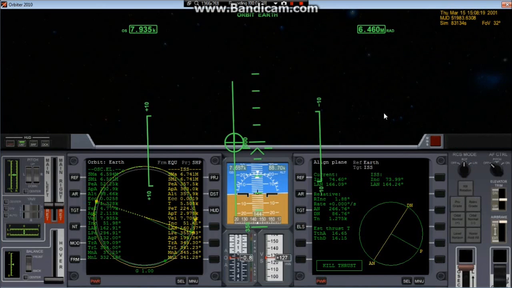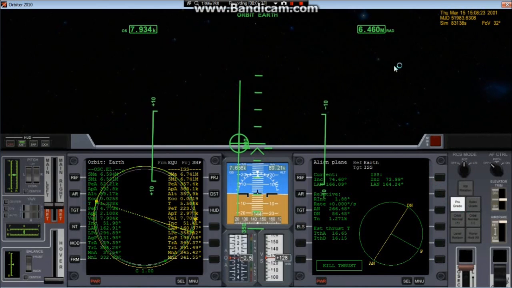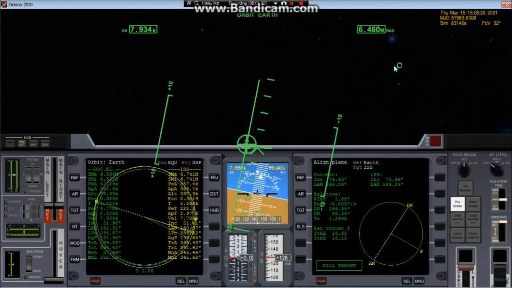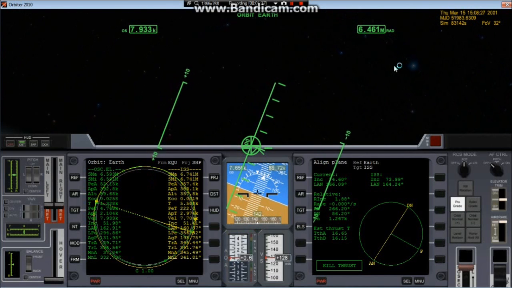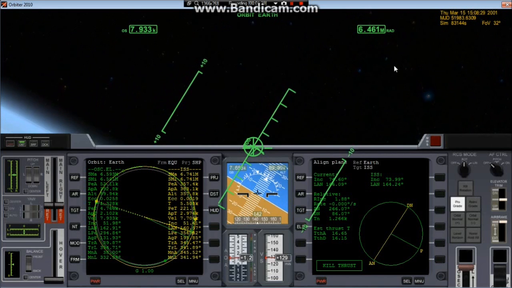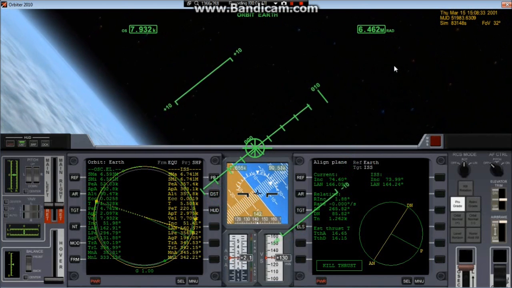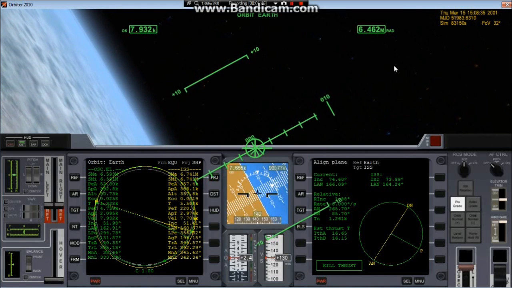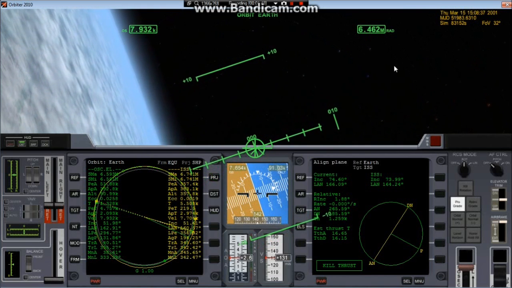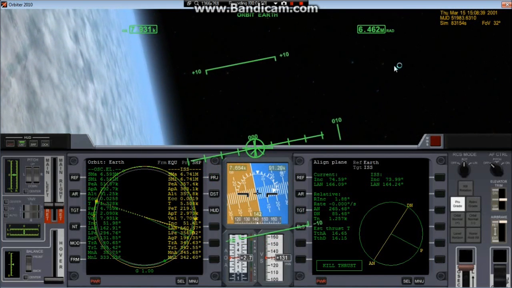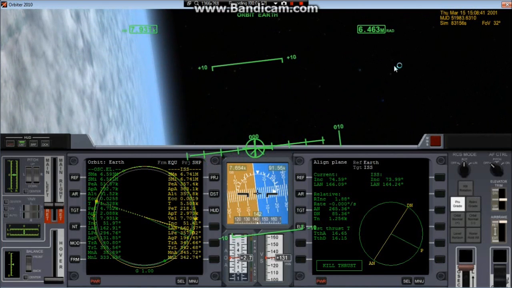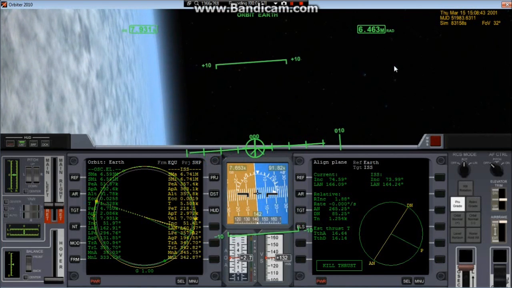And I'm going to activate the prograde autopilot so that we can begin maneuvering. And now you'll be able to see the Earth off to the left side as we stabilize and our climb out. That really is beautiful.